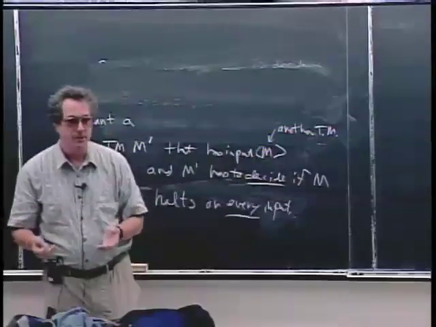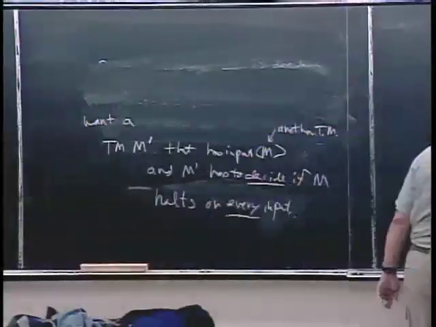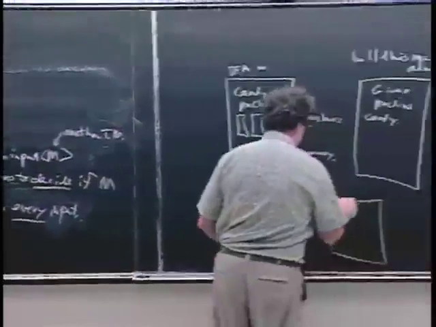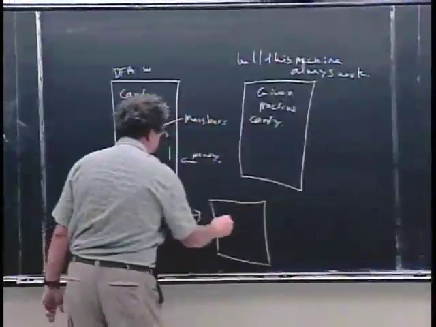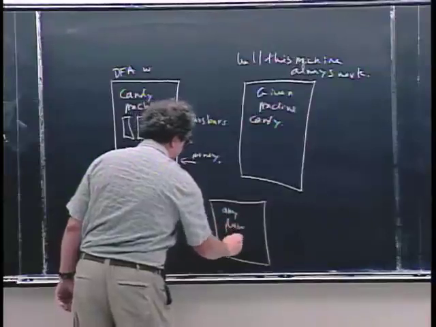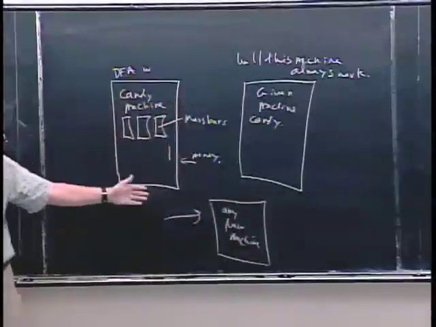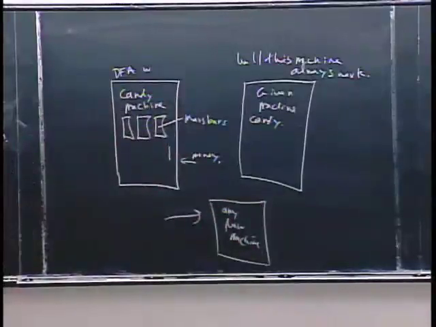And just as the guy who's looking at any new machine can't just test that machine forever to make the decision, the Turing machine M prime can't.